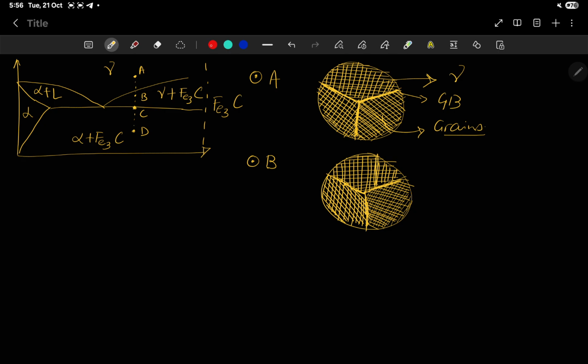In a similar fashion as we have discussed earlier, here the heterogeneous nucleation will form at the grain boundary.